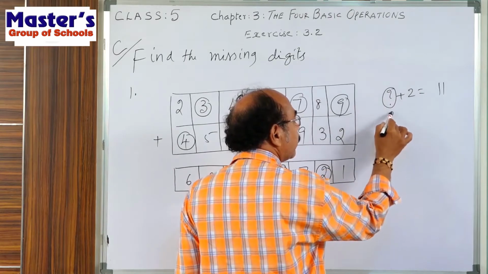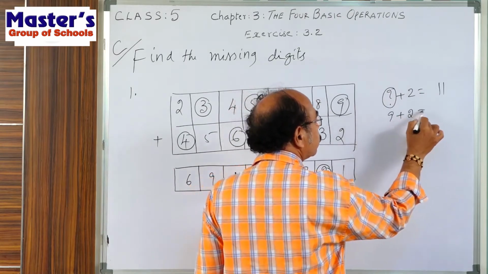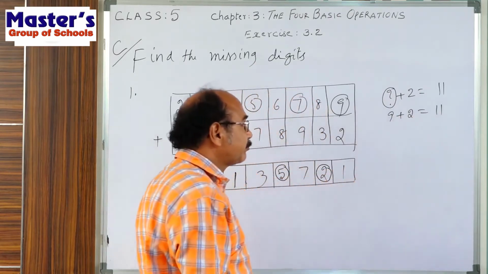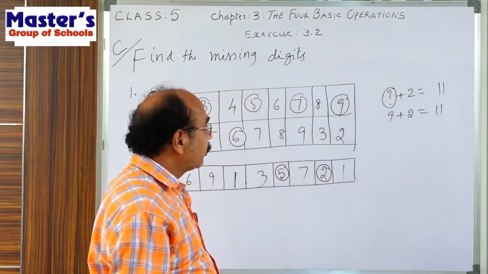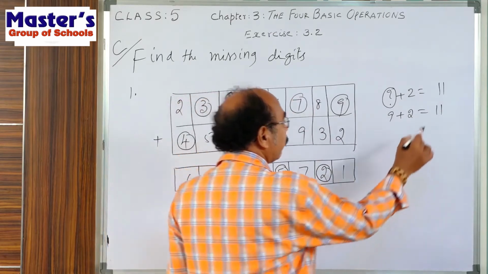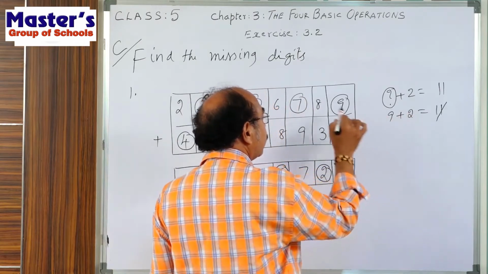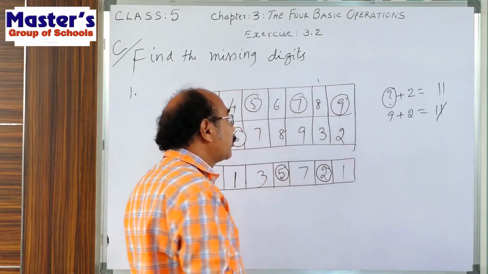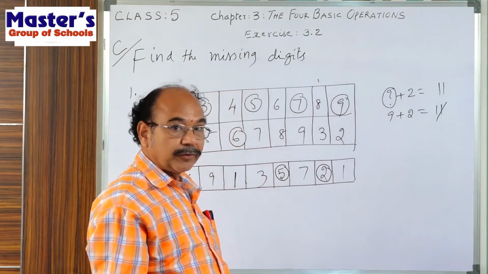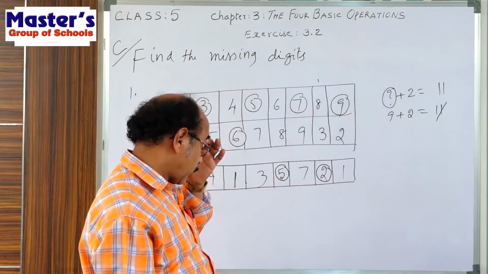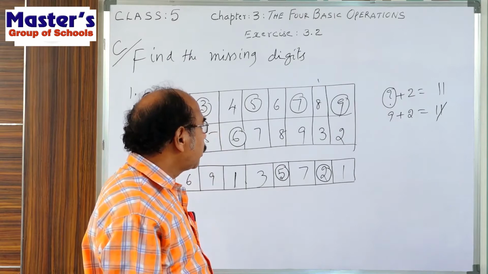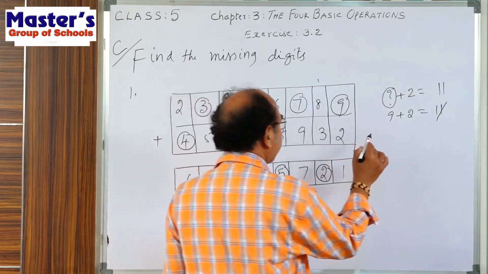If we take 9 here, then 9 plus 2 is equal to 11. Then we strike off 1. We write here 1. And another one is the carried number.